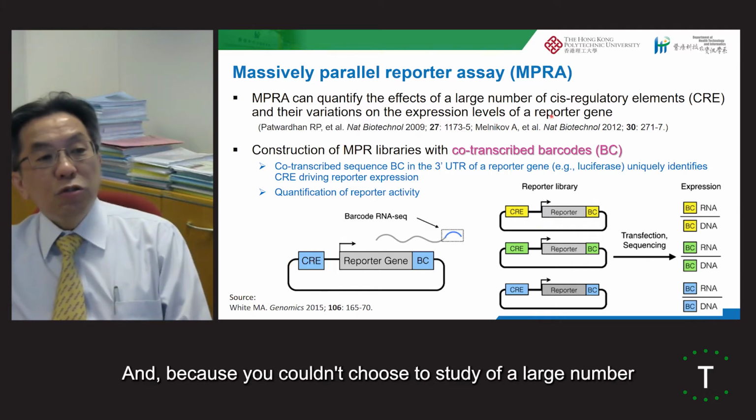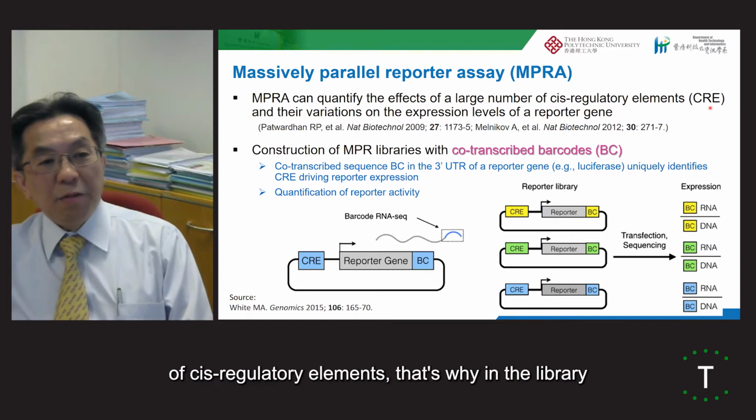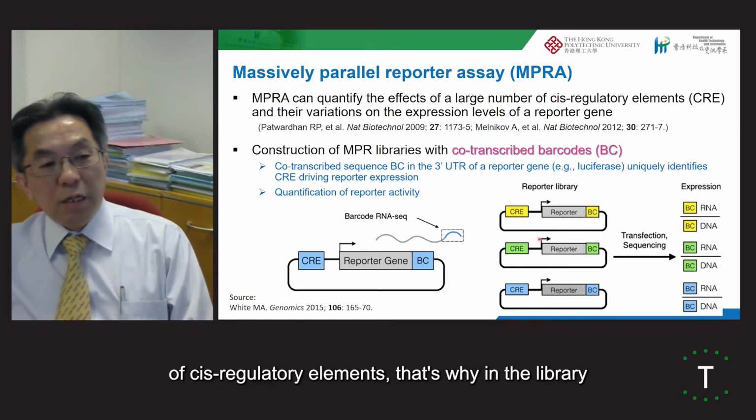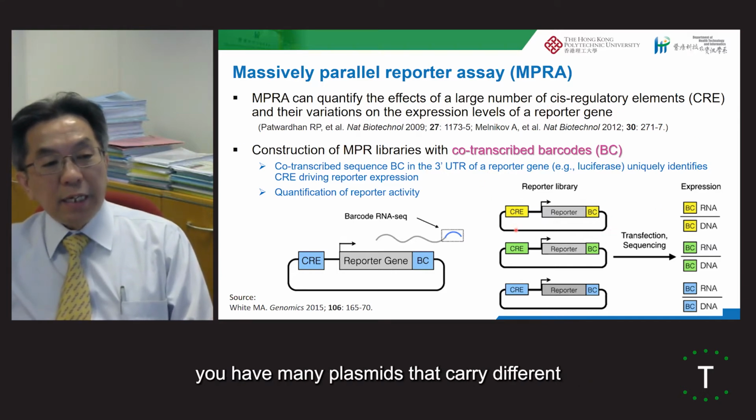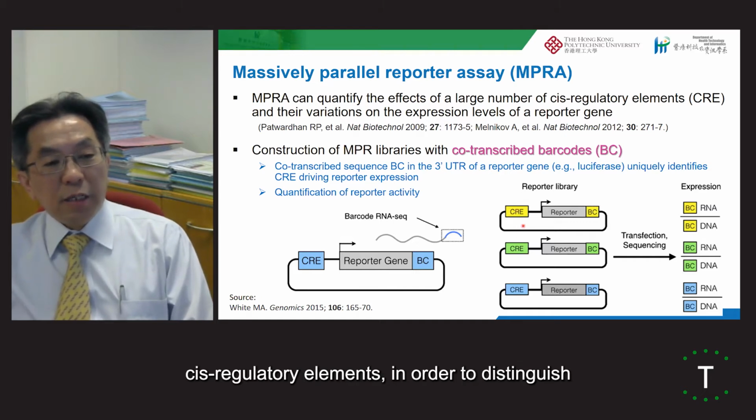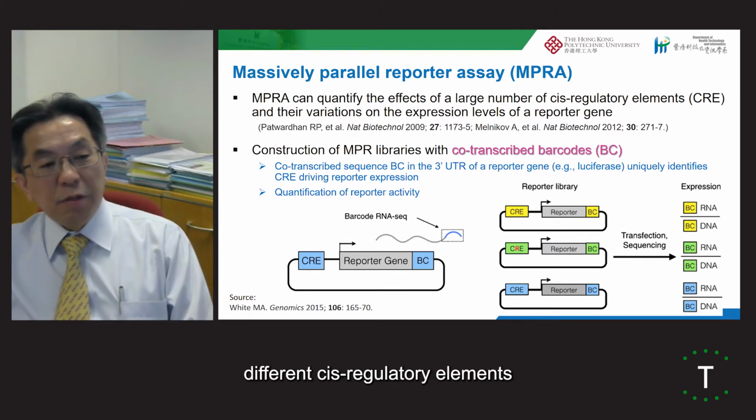Because you're going to study a large number of cis regulatory elements, in the library you have many plasmids that carry different cis regulatory elements. To distinguish them, you have distinct barcodes linked to each cis regulatory element.